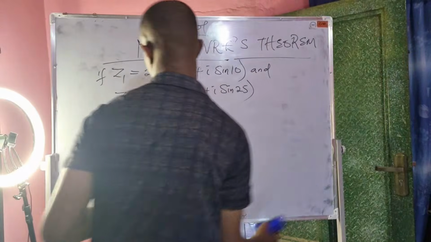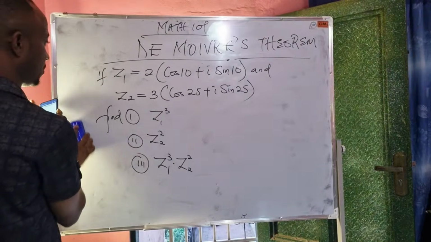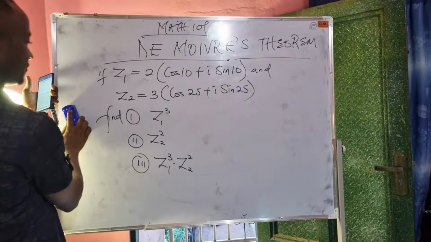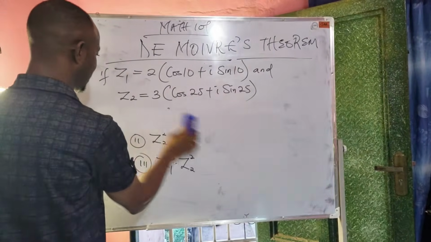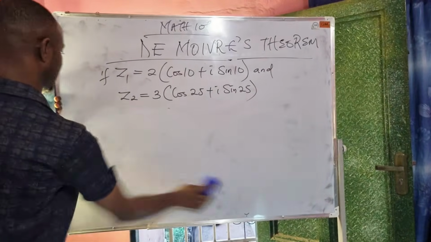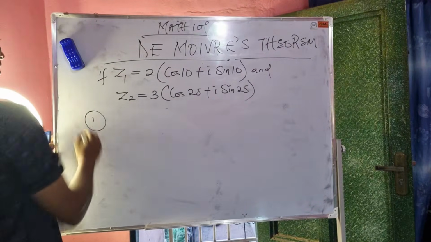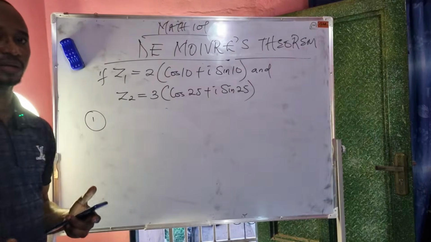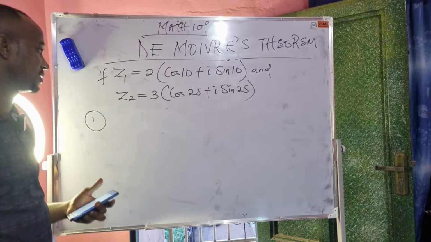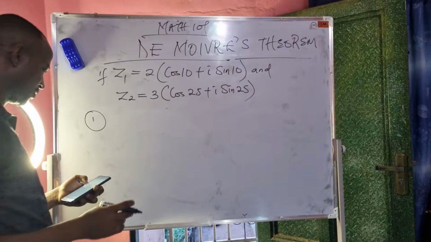I'm just verifying what we have. So we are asked to find z1 raised to the power of 3 first. For the first one, I will solve the first, you will solve the second and the third, all right? Then this class will be over.